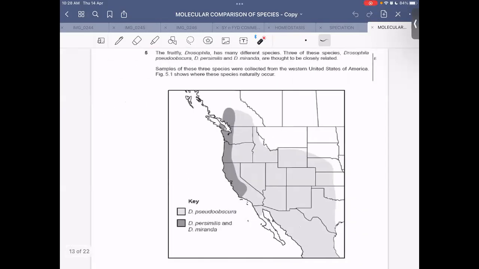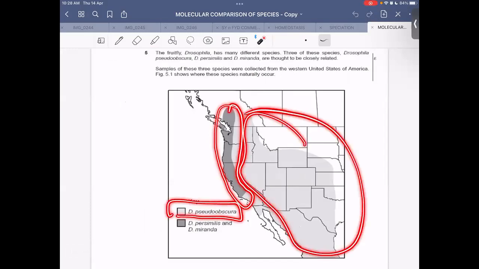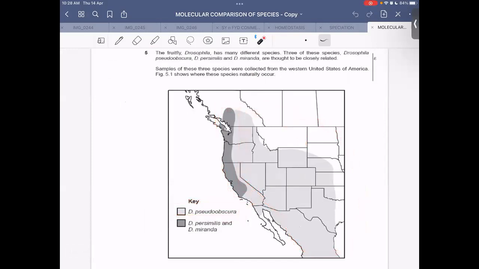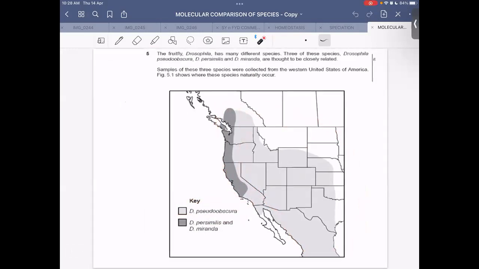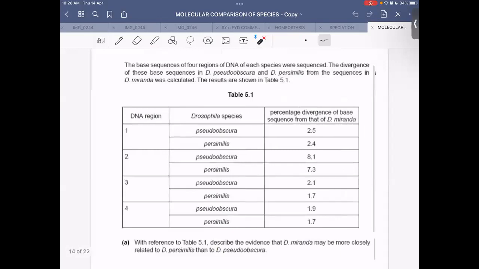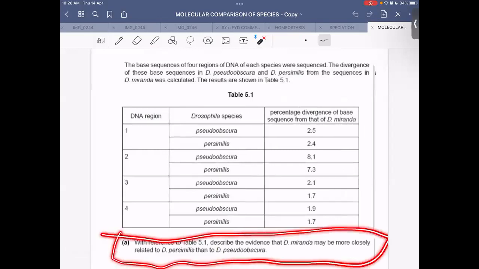Let's go back. Miranda and persimilis are over here, and this is in a larger quantity, which is occupying this part of the map, right?